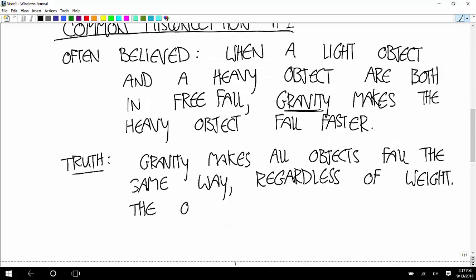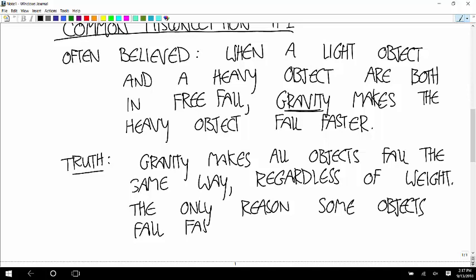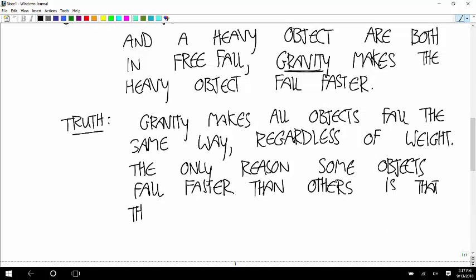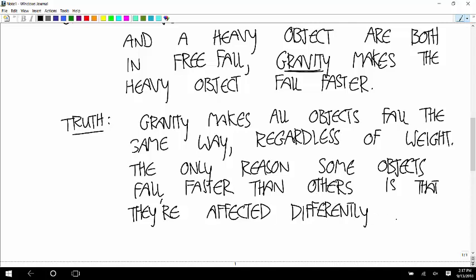The only reason you see some objects hit the ground before other objects, or let's say the only reason some objects fall faster than others, is that they are affected differently by air resistance.